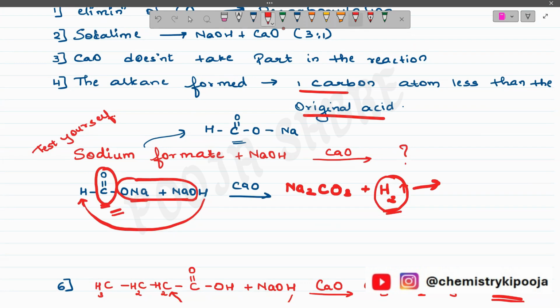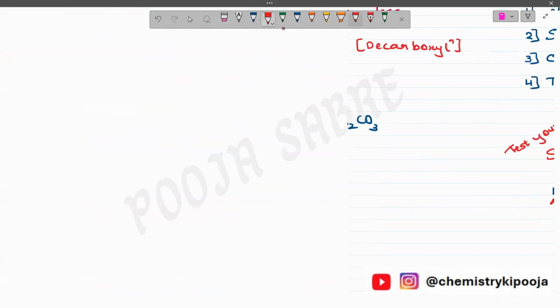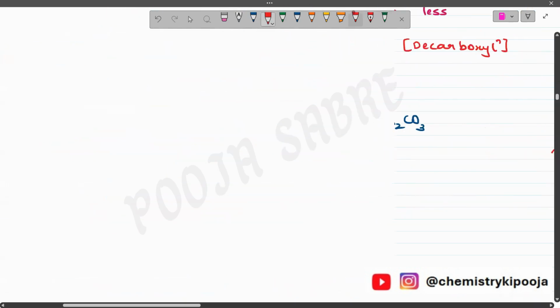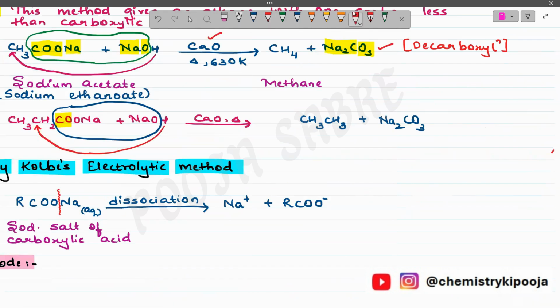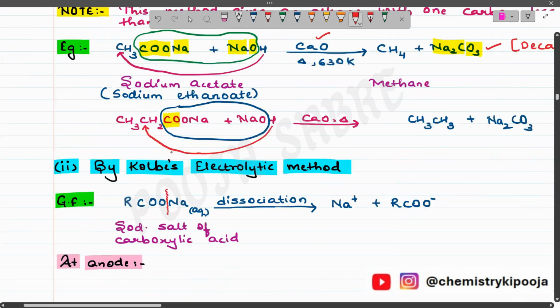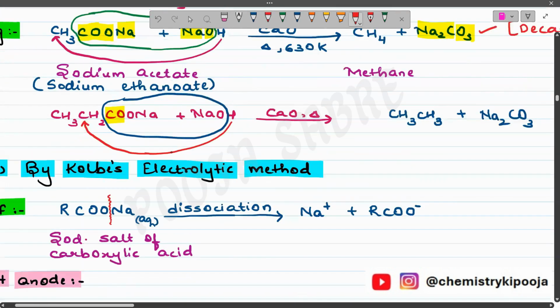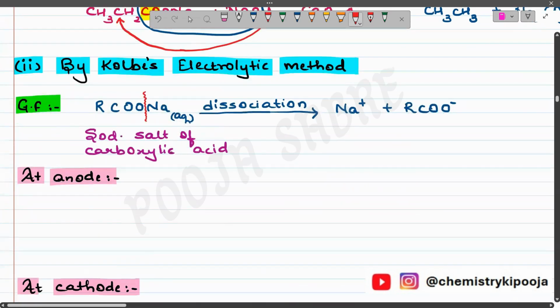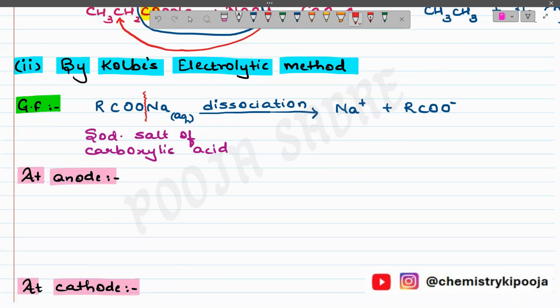Let us now proceed ahead with the very important topic, that is the Kolbe reaction. Basically, the Kolbe reaction is again a type of reaction in which the carboxylic group is removed in the form of CO2.